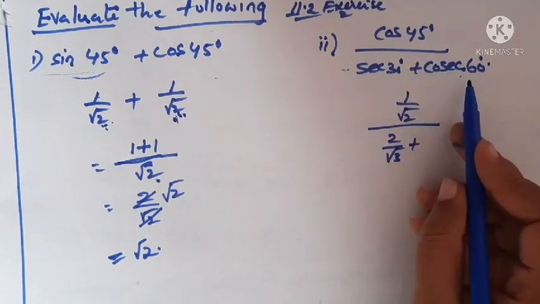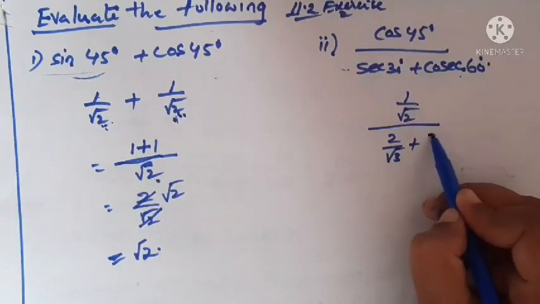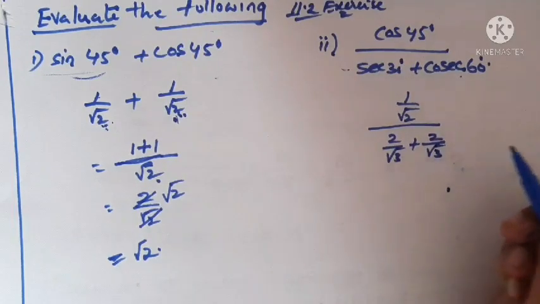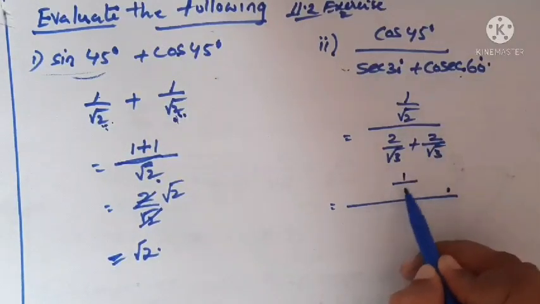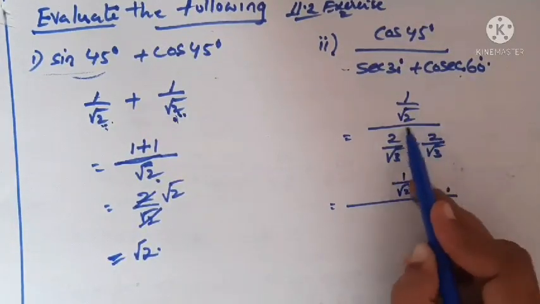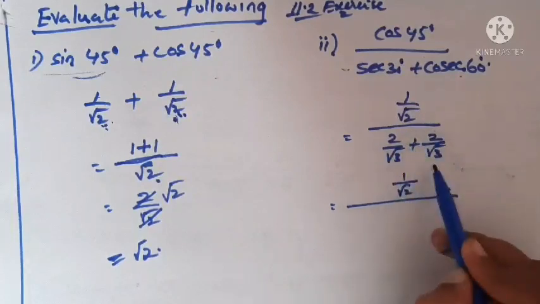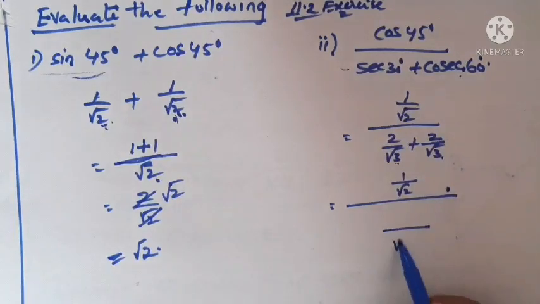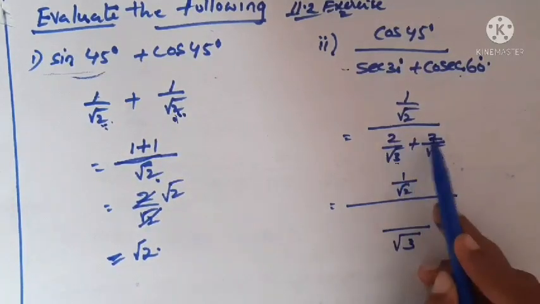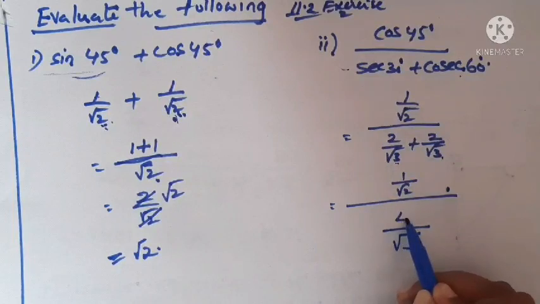And cosec 60 degrees value, that is 2 by root 3. And now 1 by root 2. We add these two numbers. Here see, the denominators are the same, root 3, that is the LCM. Then we add 2 plus 2 equals 4.